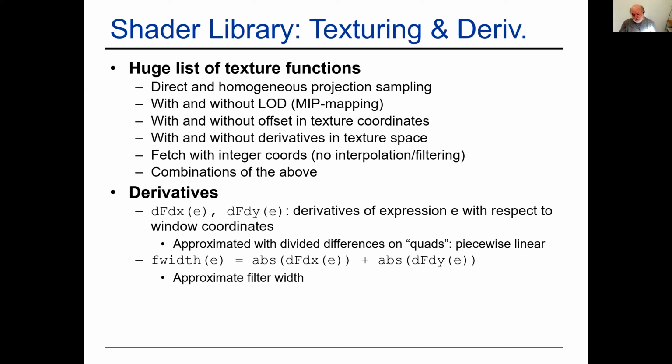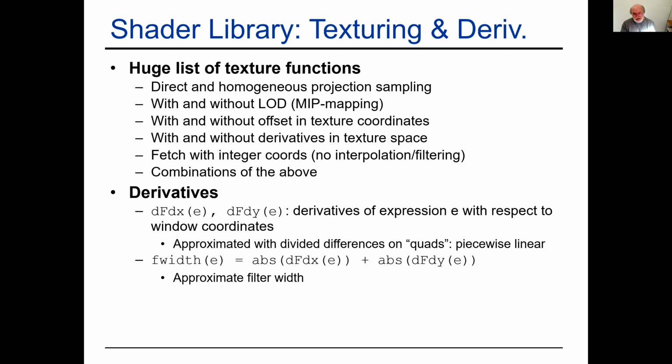Since we're doing these computations in parallel, that's easily possible. You just need to look it up from the neighboring pixel. And similarly, you can also compute the width of a triangle, which is really the sum of the absolute sizes of these derivatives.